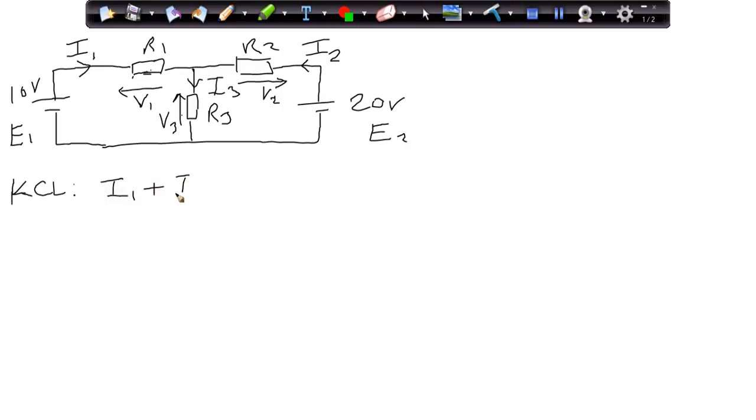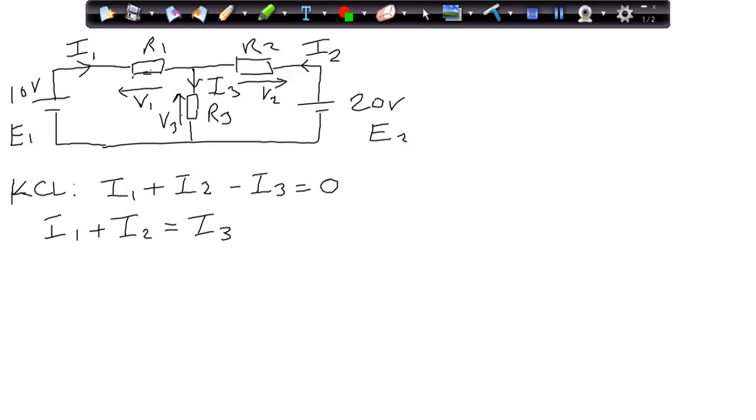I2 is also flowing into that node, so that's positive. I3 is not flowing into the node, it's flowing out of the node, so we say that's negative. And that's going to equal 0. So that's Kirchhoff's current law. We can rearrange that as we did before and say that I1 plus I2 must equal I3.